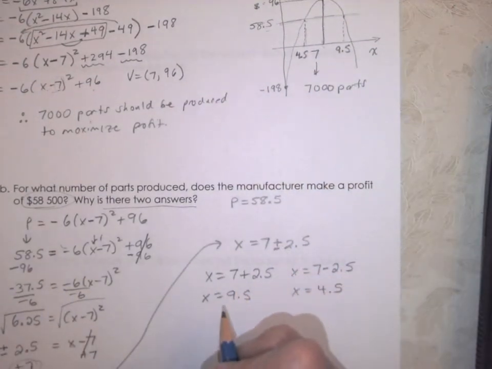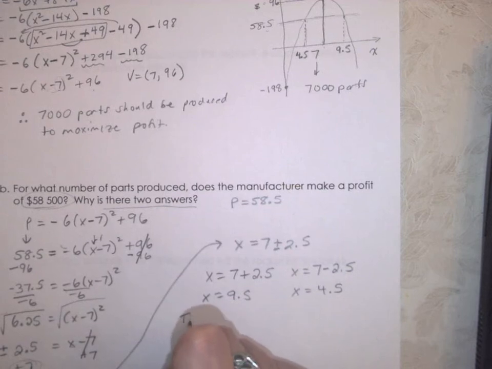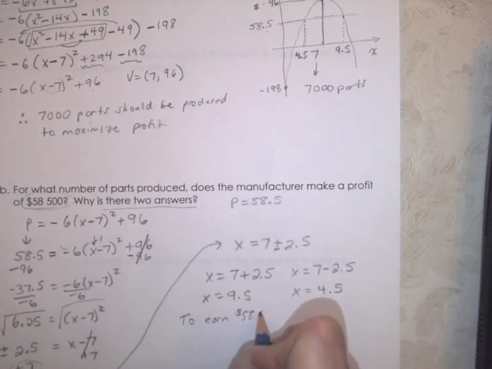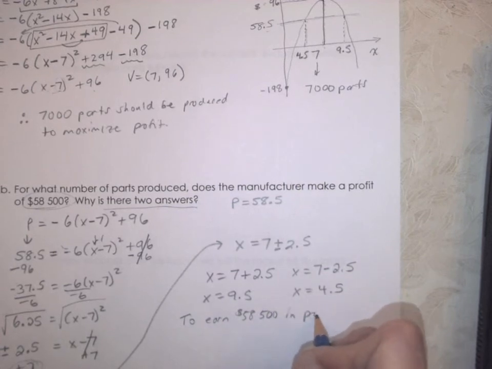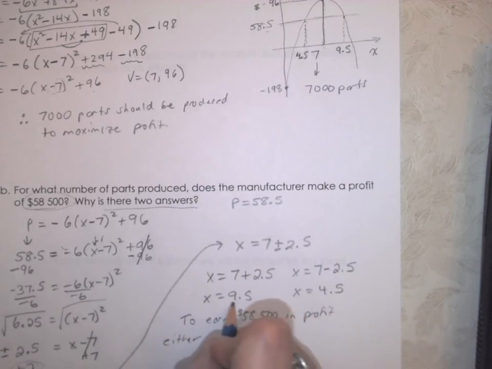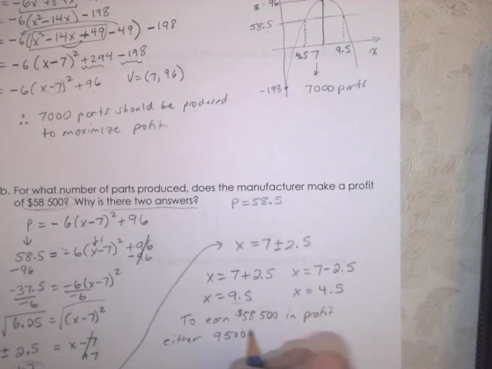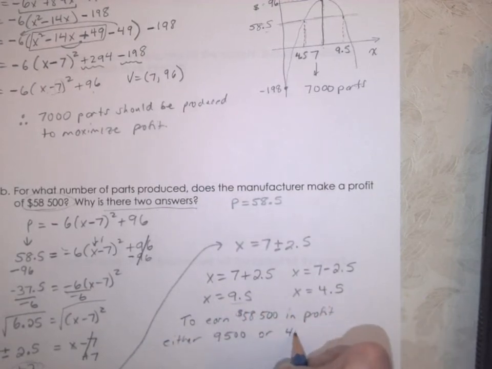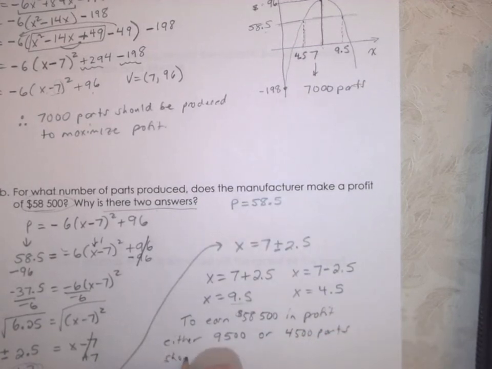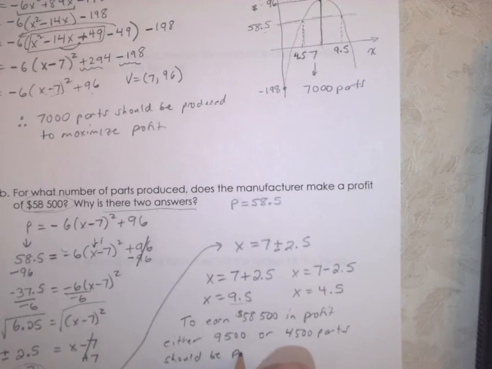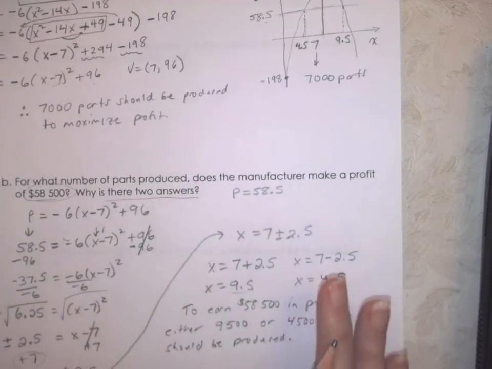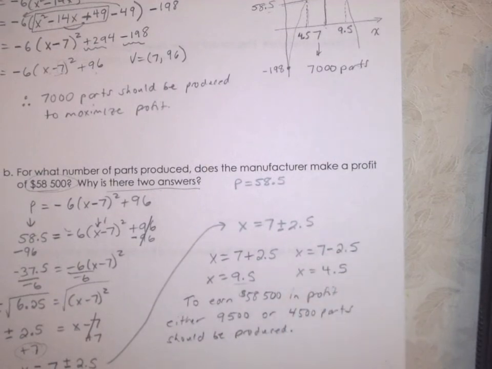It means to earn $58,500 in profit, either, so these are in thousands, remember, 9,500 or 4,500 parts should be produced or would be produced. Okay, so remember that these are in thousands as well.